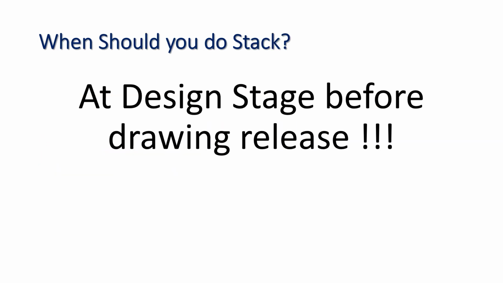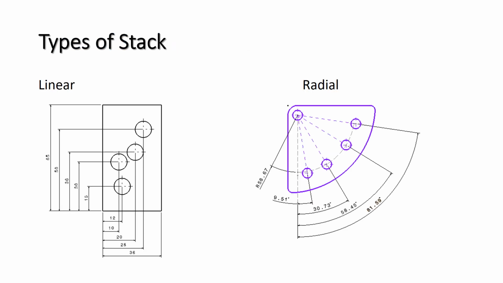When should you do stack? At the design stage, before drawing release. It's a big thing to be projected as it is in one single slide. In general, there are two types of stack. One, as shown on the left side of this image, is the linear stack, and the other is the radial stack.